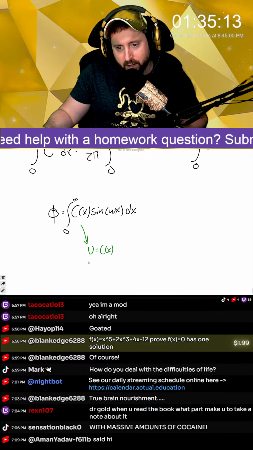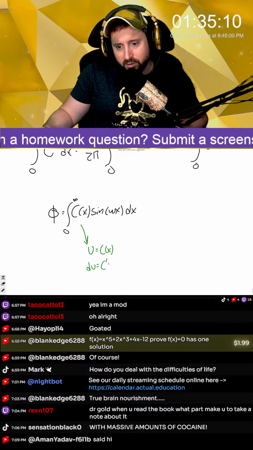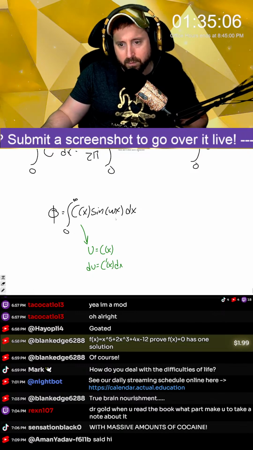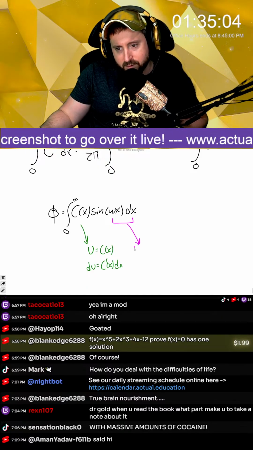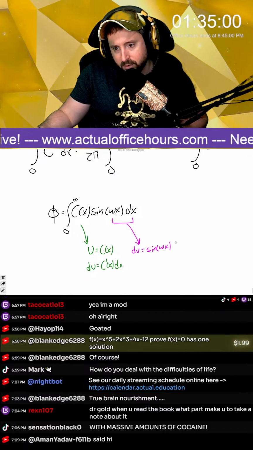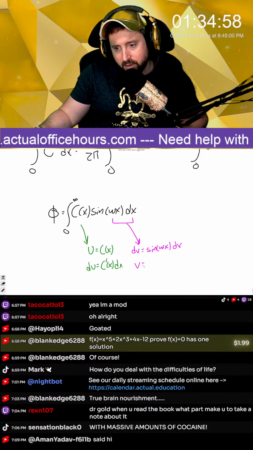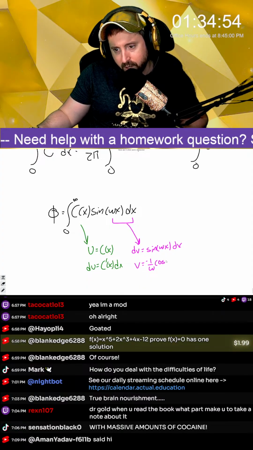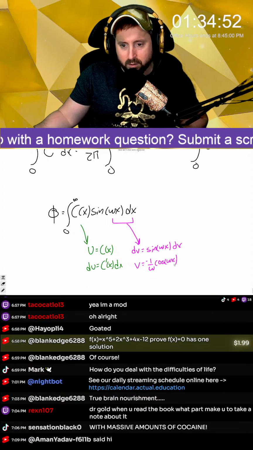Okay, if u equals c of x, then du equals c prime of x dx, right? And if dv is equal to sine omega x dx, then v is equal to negative 1 over omega cosine omega x, right?